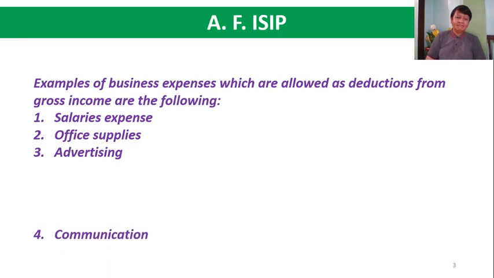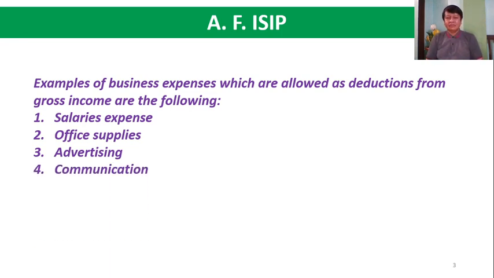The fourth example that I cited is about communication. We need to communicate to our clients. We need to communicate to government regulators. We need to communicate to our creditors, to our suppliers. We need to communicate with our depository banks. So, we cannot avoid communication expense.